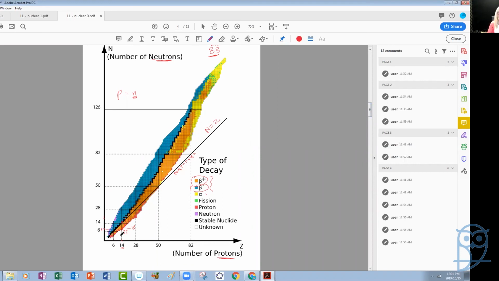So as we can see, an unstable isotope of carbon, which is carbon-14, will decay by beta emission because it's up there in the blue area. We can use this example when we talk about radioactive decay, okay?